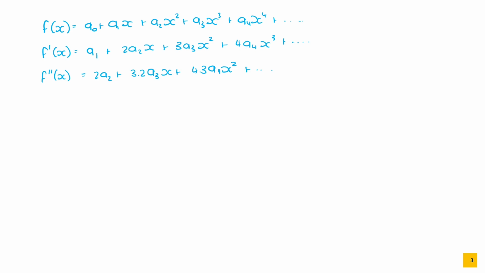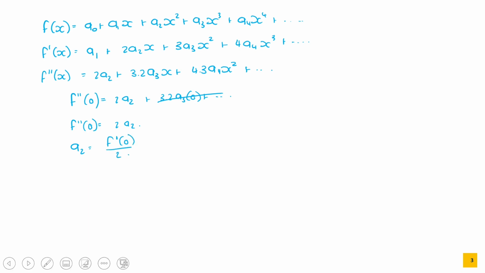So now when we want to solve for our a2, we're going to look at the second derivative at 0, which is equal to 2a2 plus, and then all of these are going to be 0. So we get left with our second derivative at 0 is equal to 2a2, which means our a2 is equal to our second derivative at 0 divided by 2.